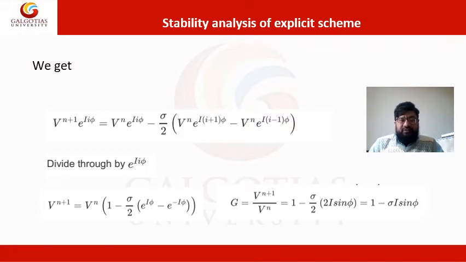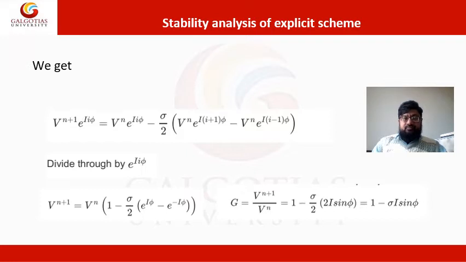So we can calculate our magnification factor as V^(n+1) upon V^n at any node, and this must not be greater than 1. If it is greater than 1, the error will grow in time and our solution will become unstable. So dividing the above equation by e^(I i phi), we will get the amplification factor G in the form of sigma and sine phi.